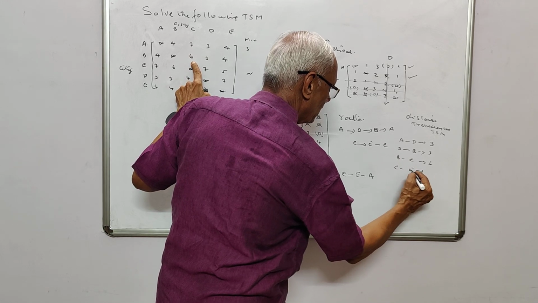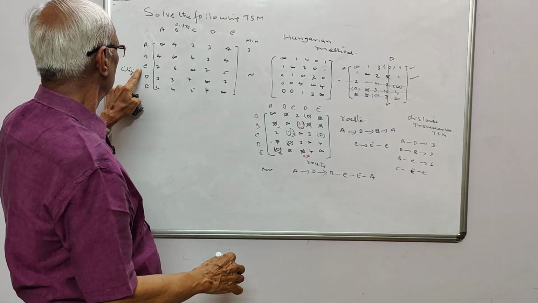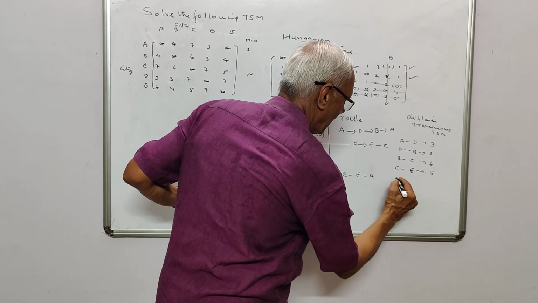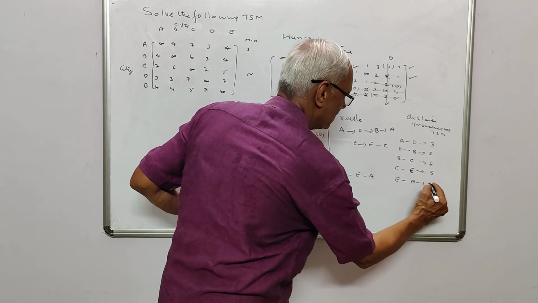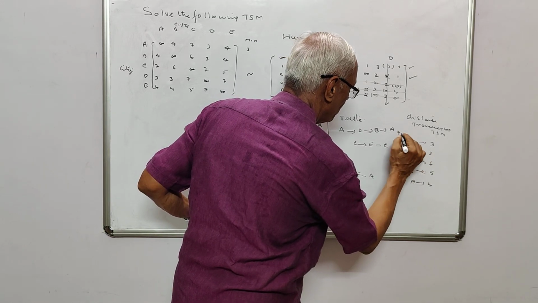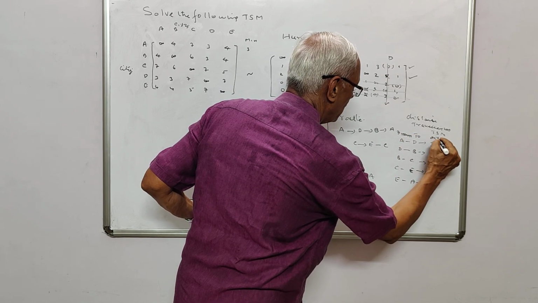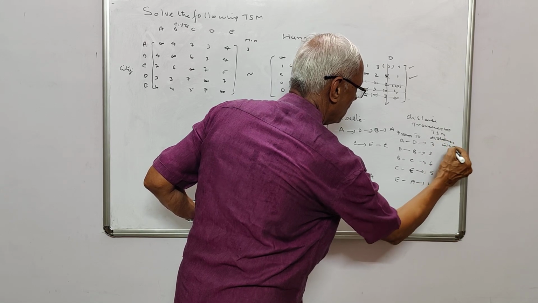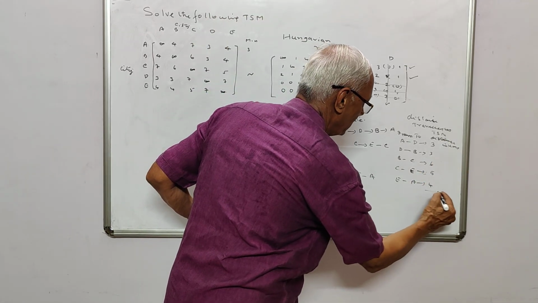C to E. What is your C to E? C to E is 5. And E to A is 4. So you see the distance in kilometers. So what is it that you are having?